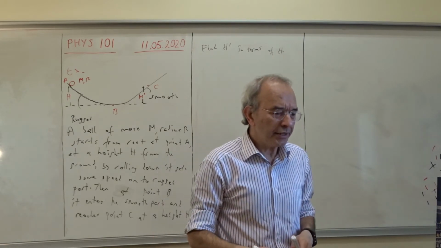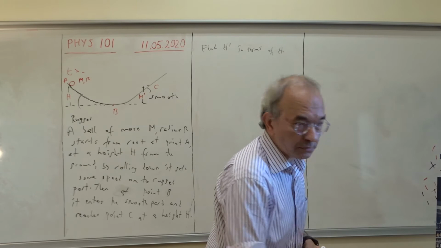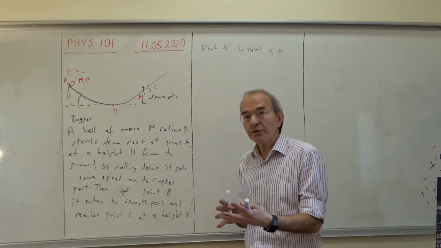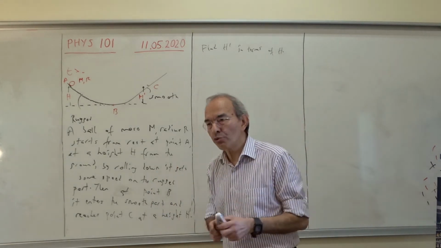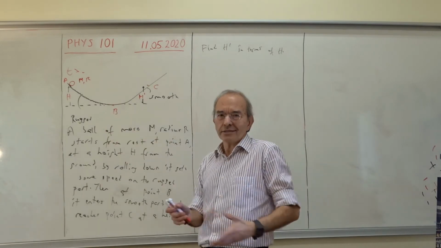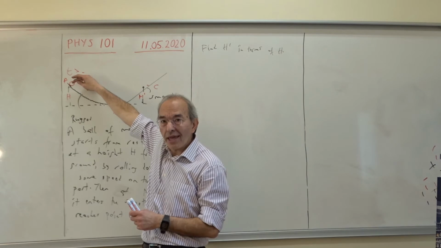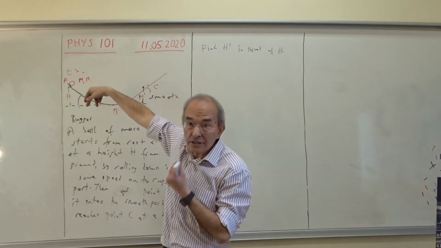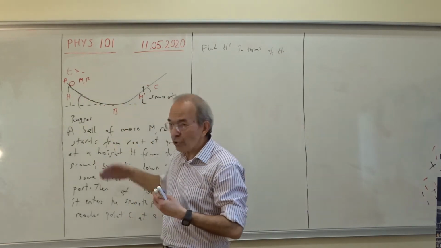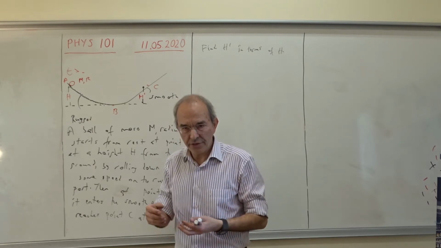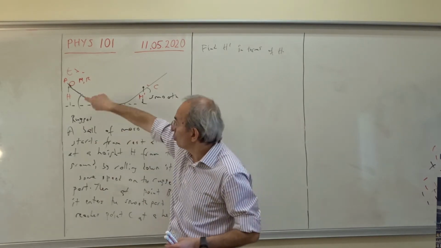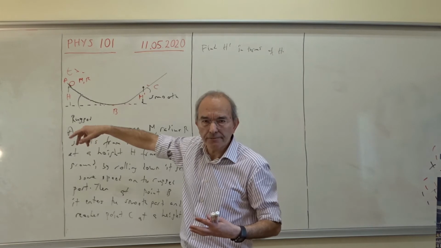So what is the physical idea in such a problem? And what is the difference between the rugged part and the smooth part? Of course, as we understand from the text, the ball starts from A, rolls down, so it gets a linear speed of the center of mass, and also has some angular speed.